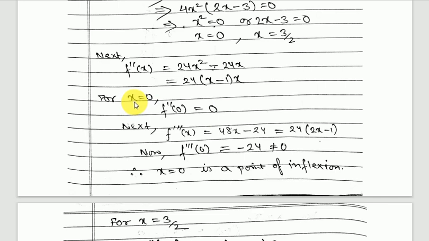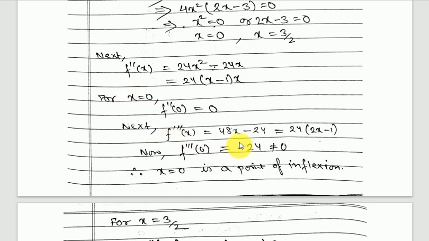So what we'll do is, we will find the third derivative of that function. We know that the second derivative is this, so differentiate this again to get the third derivative. When you differentiate this, you will get 48x minus 24. Now find the third derivative for x equal to 0.